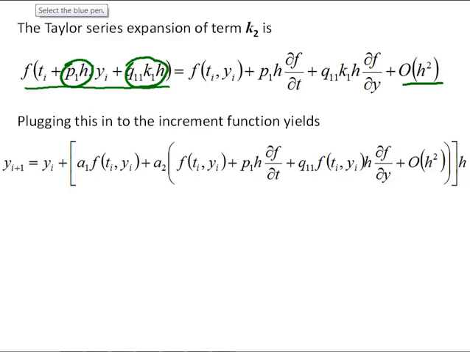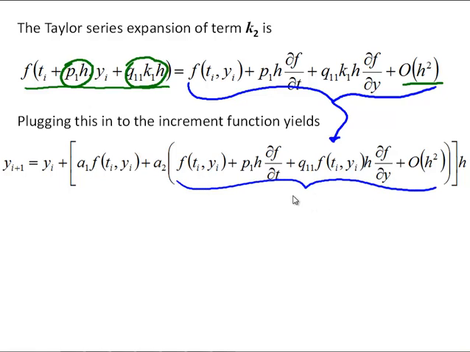So we'll plug this Taylor series expansion for K2 into our K2 term. Remember, we had A1 K1 plus A2 K2, and now we've approximated K2 with the Taylor series expansion, and you'll see that when this order h squared term multiplies by this h here, that's where we'll get an order h cubed term. So let's look at multiplying that out.